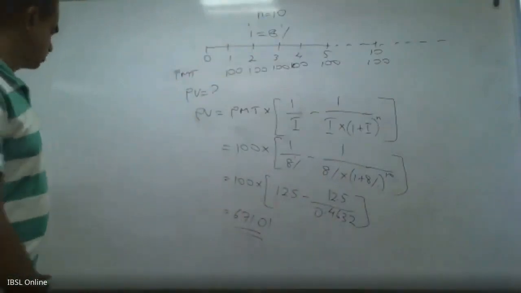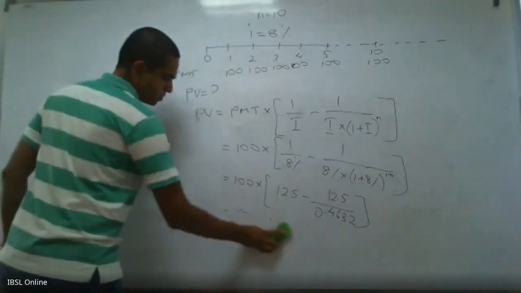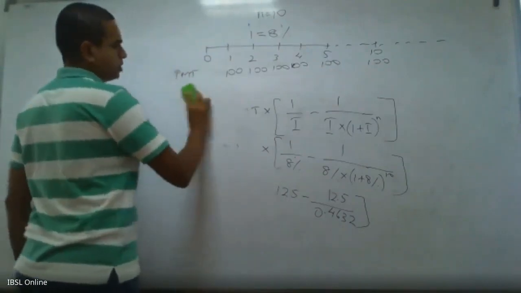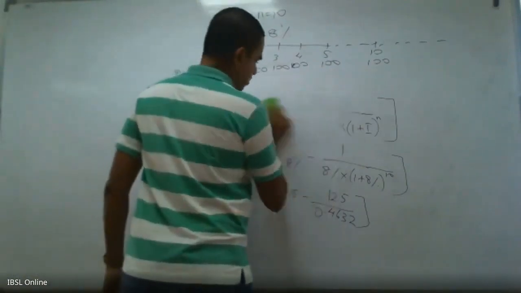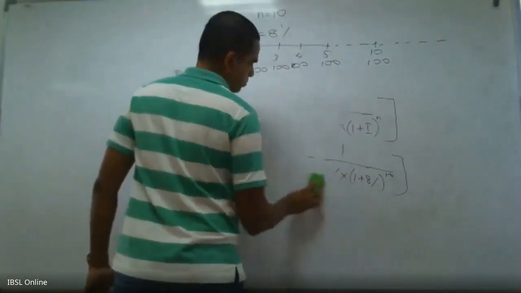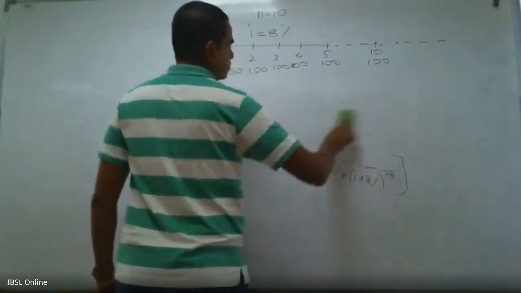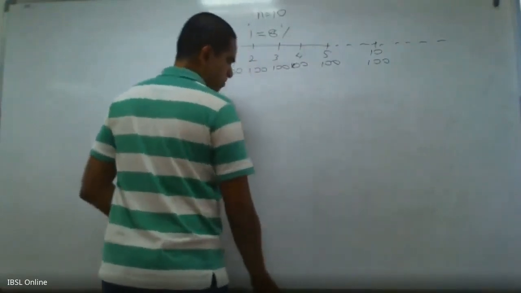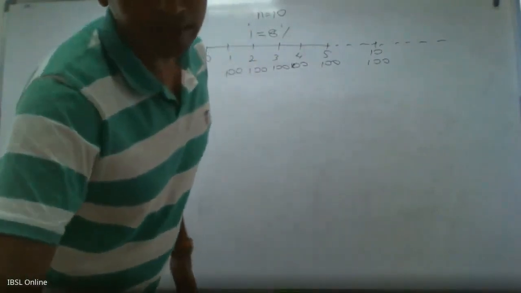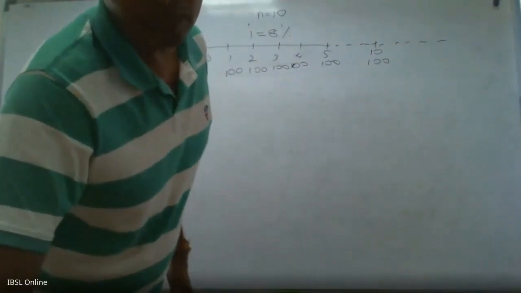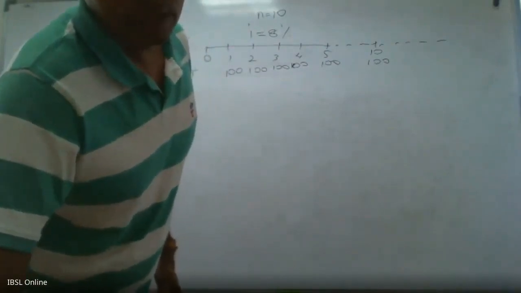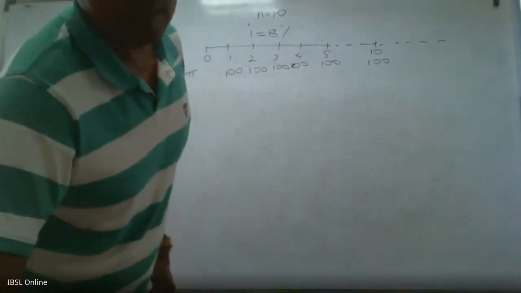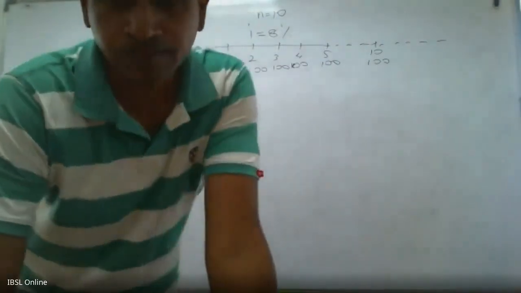Equation to find, remember you can only find the present value of a perpetuity. You can never find the future value of a perpetuity because it does not end. Right? So calculating present value of a perpetuity is very simple. I will in fact use the present value of an annuity formula and show you how you arrive at the present value of a perpetuity.